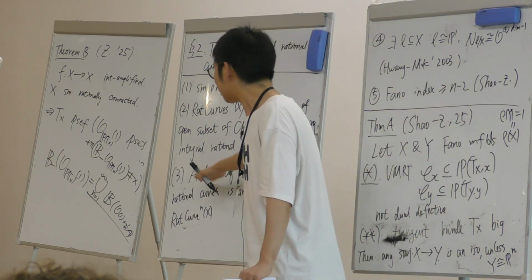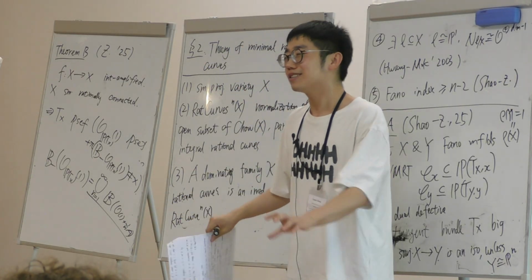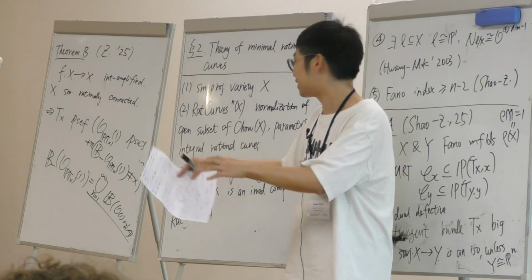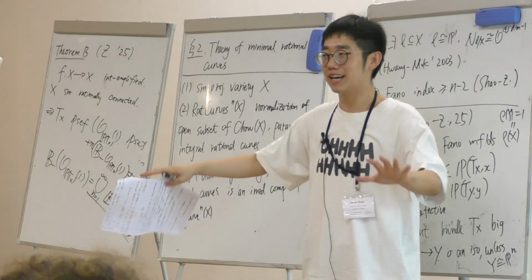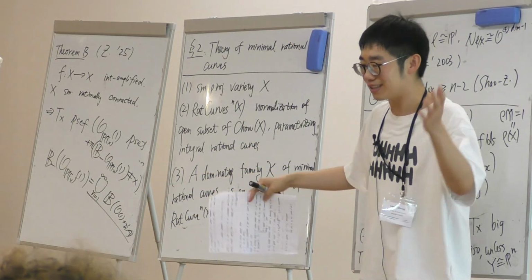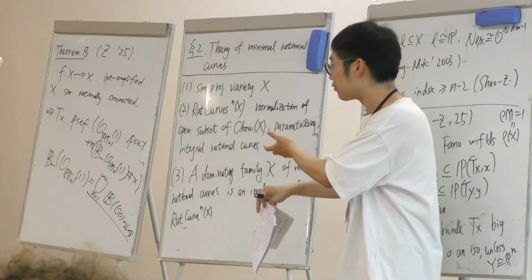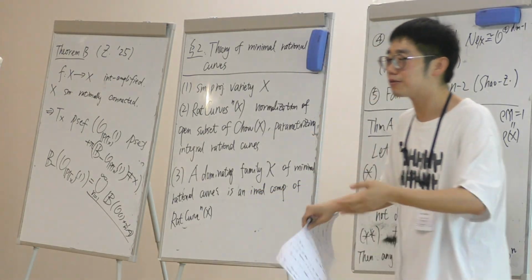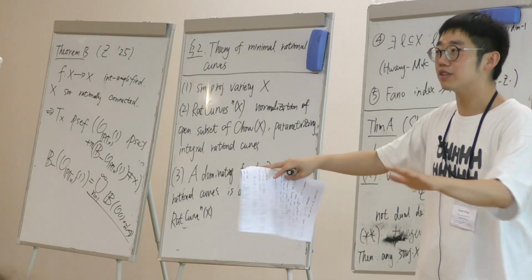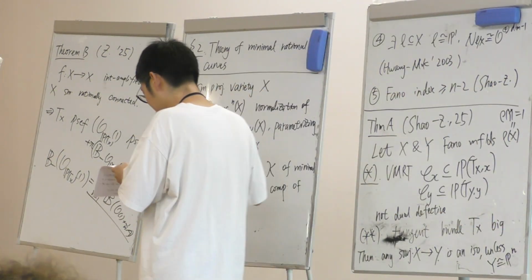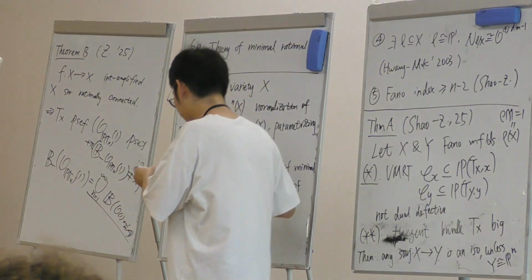So the dominating, what's the meaning? It means that if you take all the elements inside this component, such a family should cover this X.